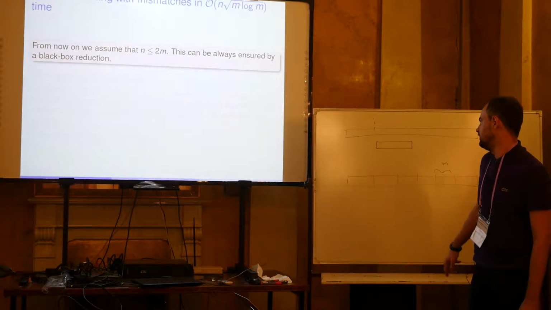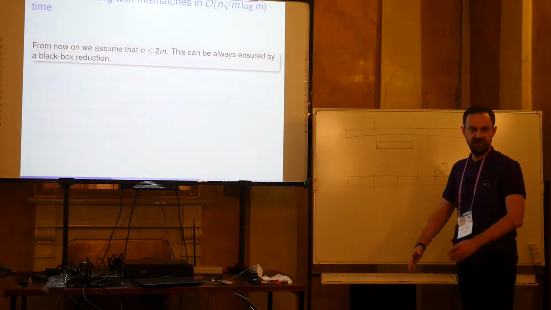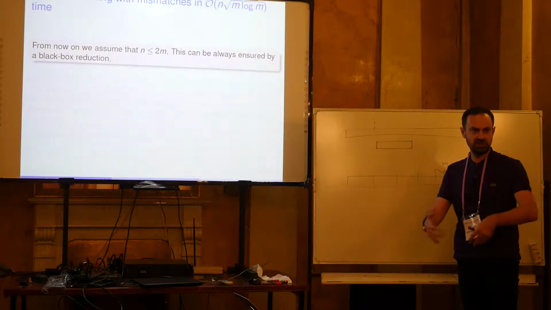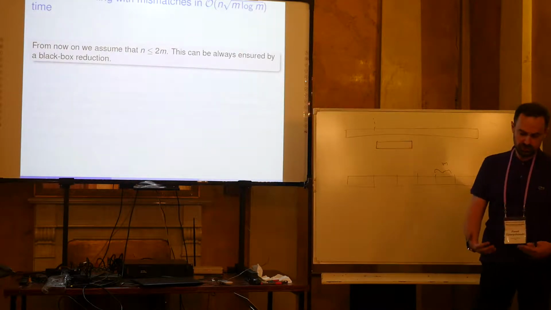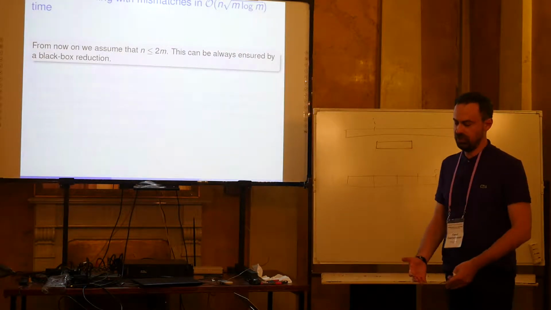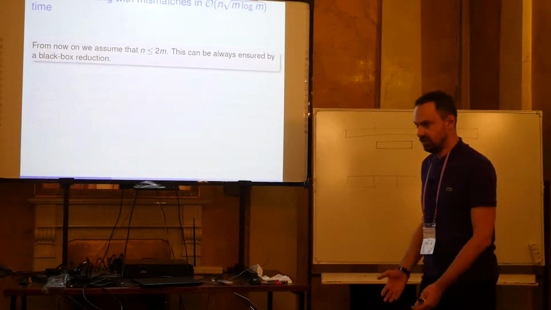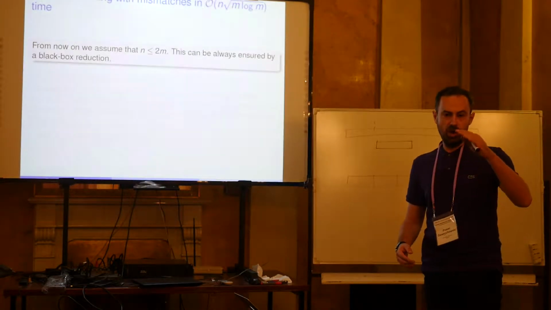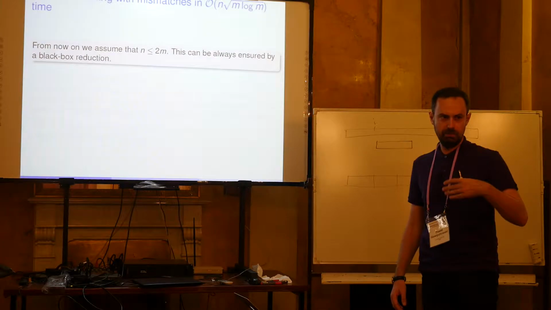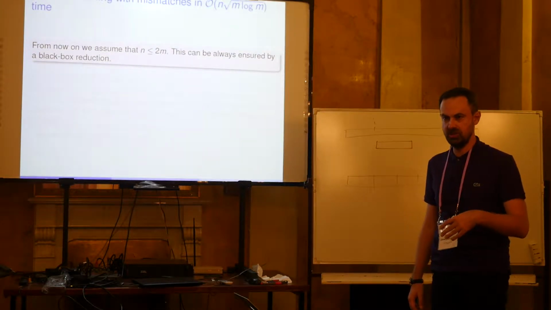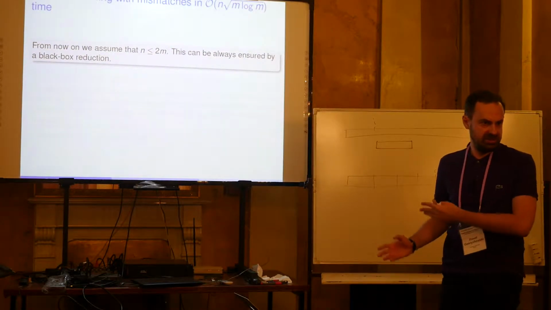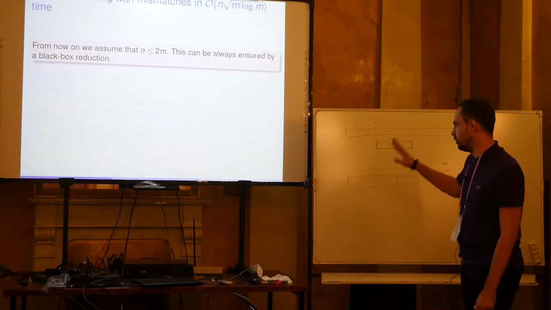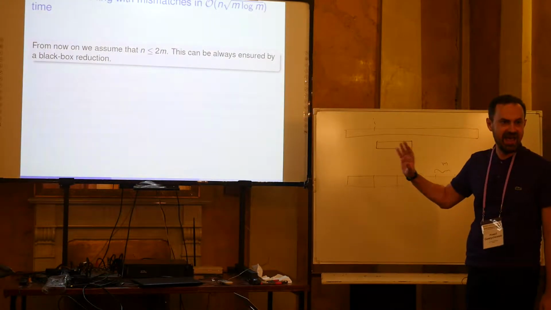Then I can take the second and the third block and solve the same problem on the concatenation, and so on and so forth. So I reduce my problem for a pattern of length m and text of length n to n over m problems where the pattern is still of length m and the text is of length 2m. So it's a very simple reduction. You do it in all those problems, so you don't worry about n.